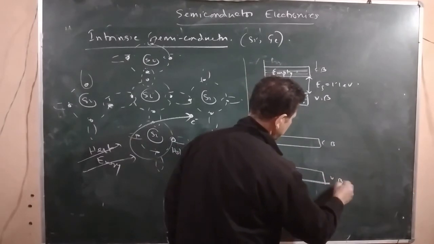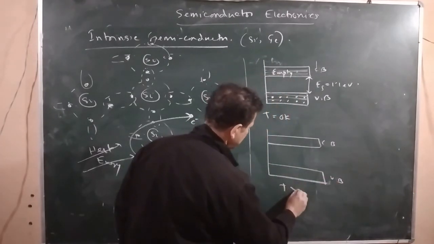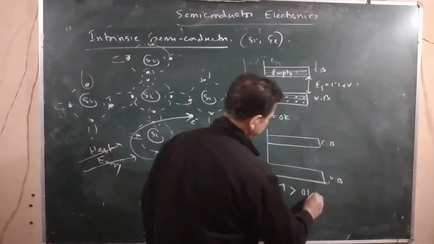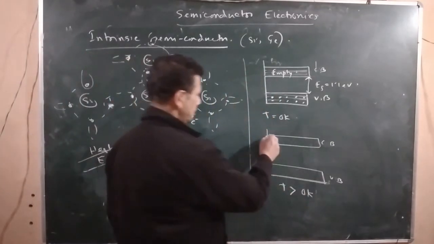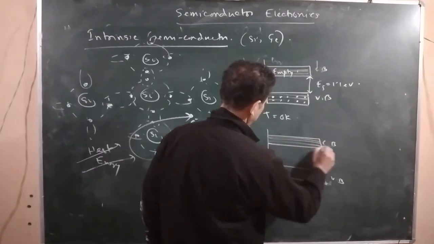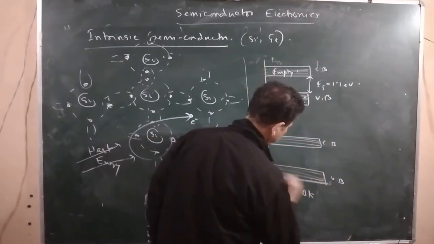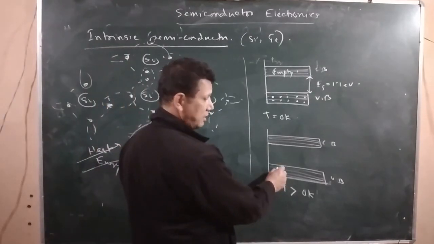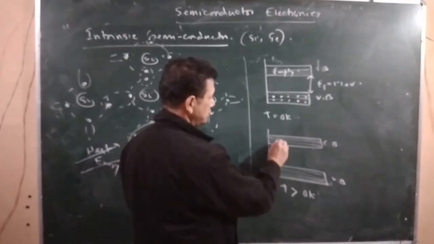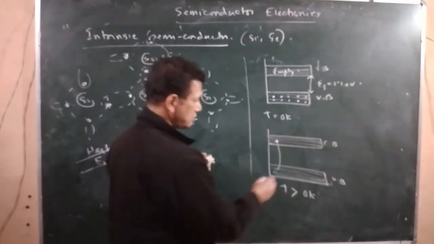Next diagram: if you draw the energy level diagram for intrinsic semiconductor in case of temperature greater than 0 Kelvin, or at room temperature, electrons become free as covalent bonds break. So what will you get here?